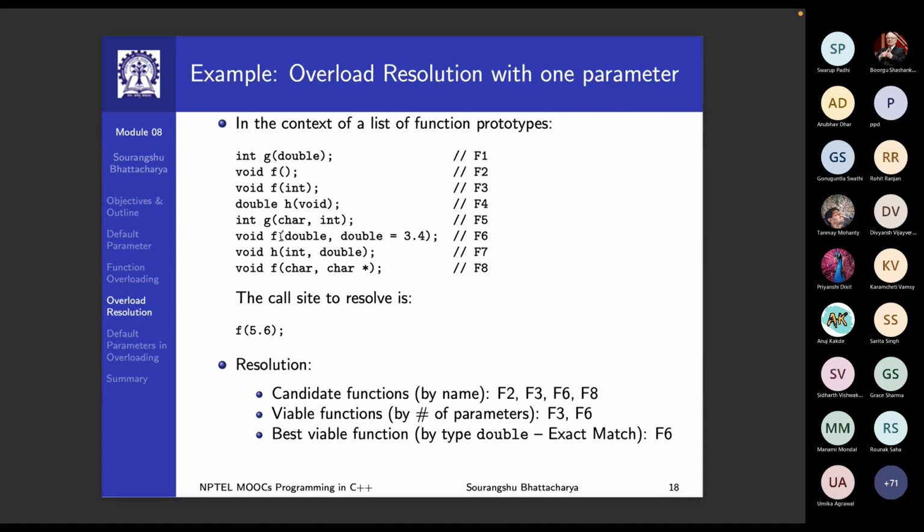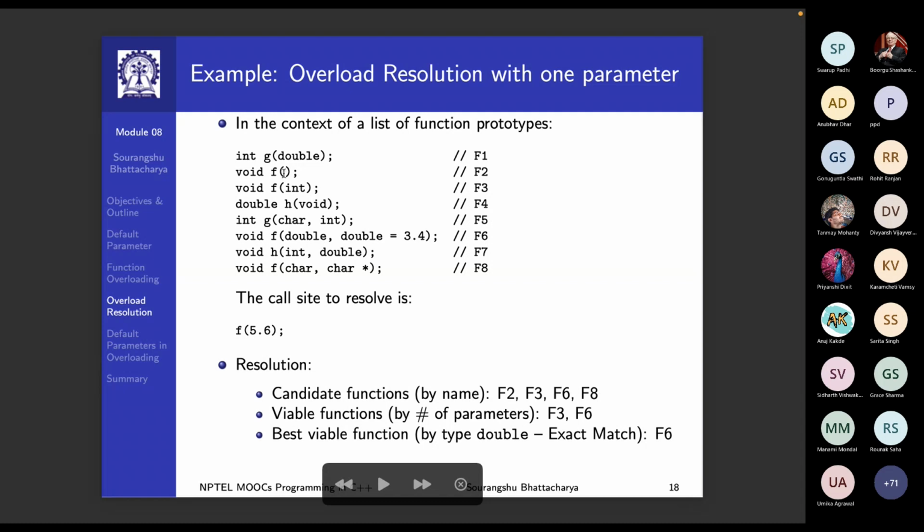But actually there are four prototypes for the function F, because in one of the prototypes one of the parameters is also defaulted. So actually this function F can be called in 5 ways.